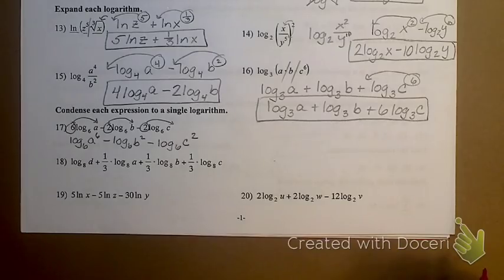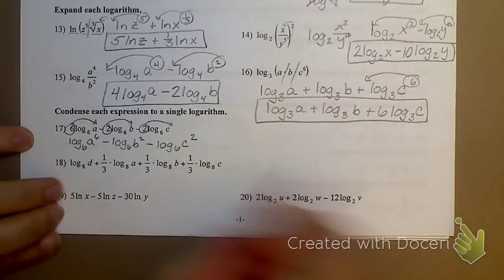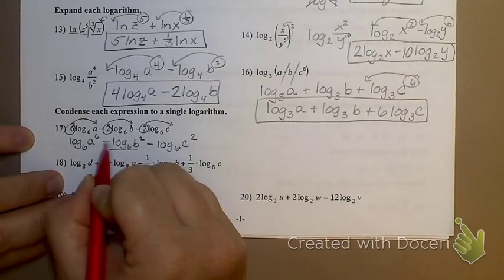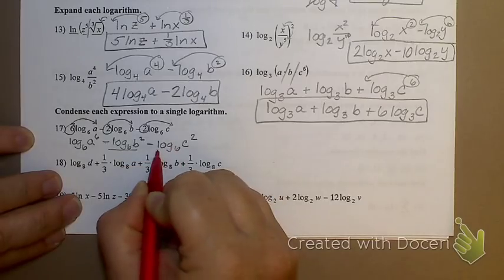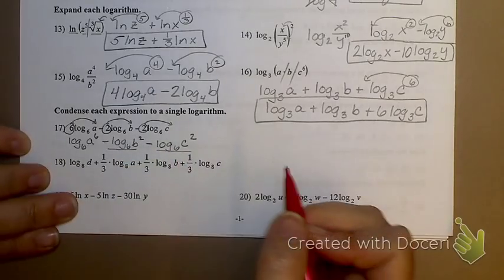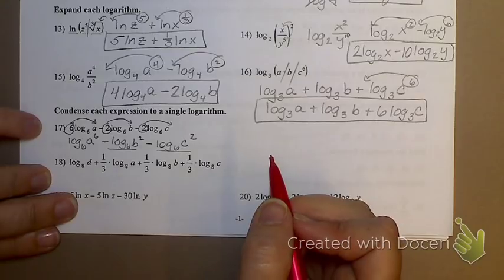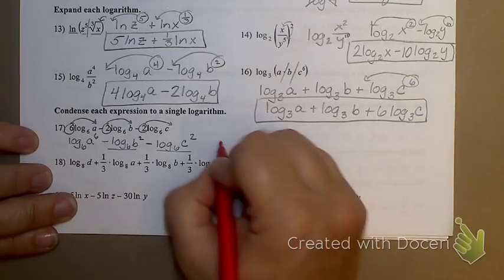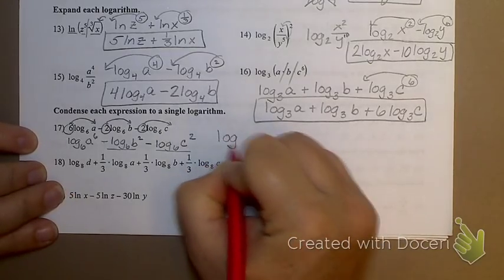And our rule for condensing, subtraction is going to condense to division, right? And pretty much our rule is anything that comes after a subtraction sign goes on the bottom. What comes before the subtraction sign goes on the top. So that's going to give me log base 6.